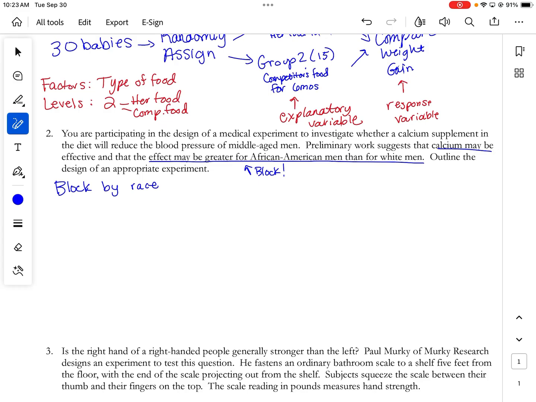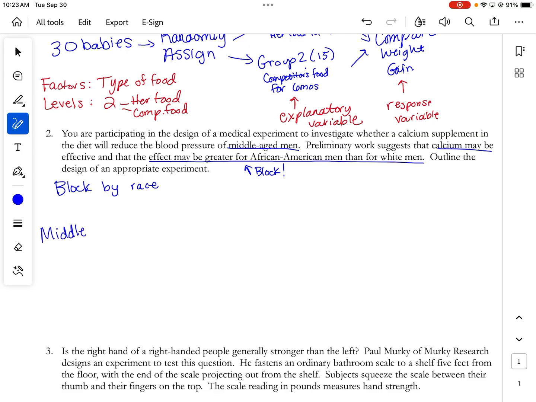So we are going to block it by race, because we want to compare all the African American together and then all the white together. And then you can compare them overall and see if that's really the case.